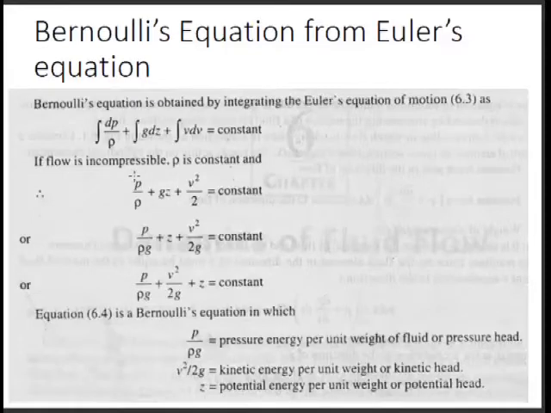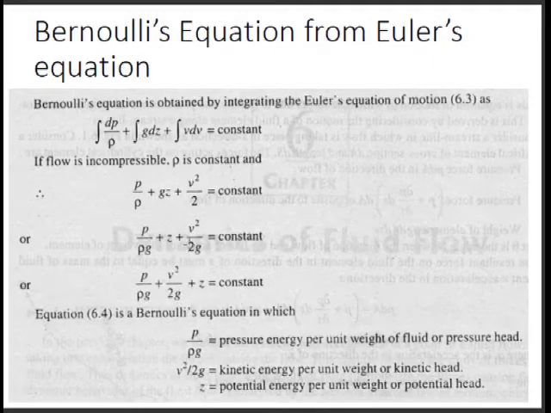If we divide this by g, we get p upon rho g plus z plus v square by 2g is equal to constant. This can also be written as p upon rho g plus v square upon 2g plus z is equal to constant. This is the Bernoulli's equation.